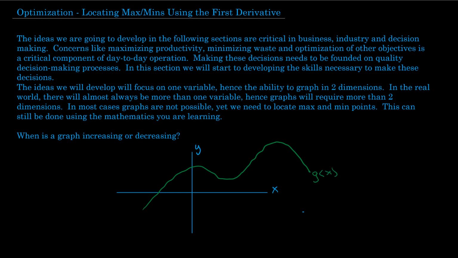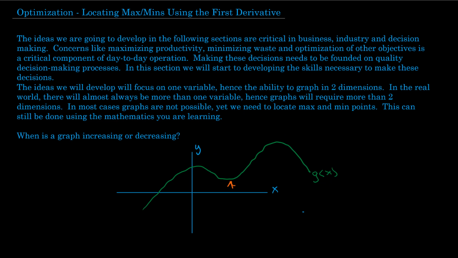And it's very easy to just look at the graph and say, well, here's a maximum, here's a minimum, here's a maximum, and do stuff like that. However, in the real world, most of the time it is impossible to get a graph. In the case of the well-stocked grocery store, you would need a graph that can handle 10 or 15,000 different dimensions. It just doesn't happen.